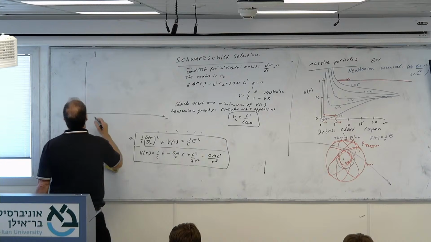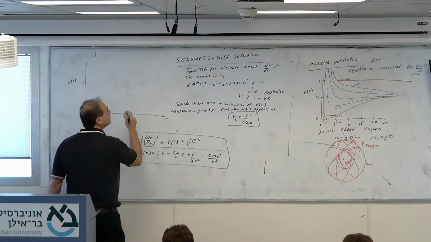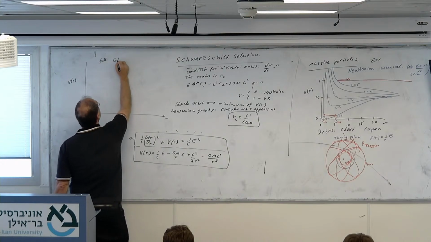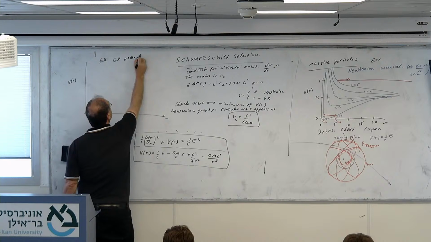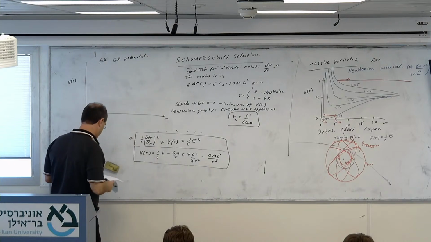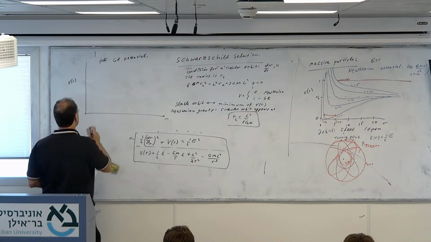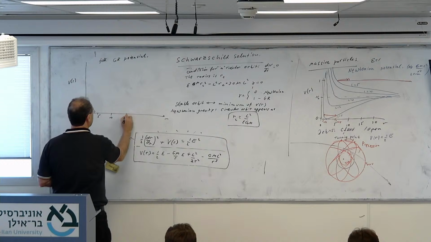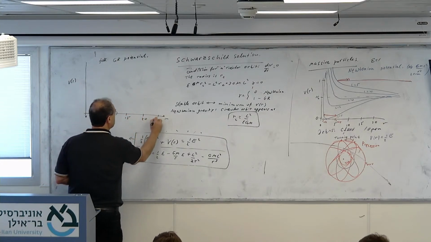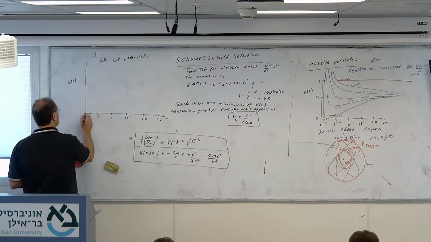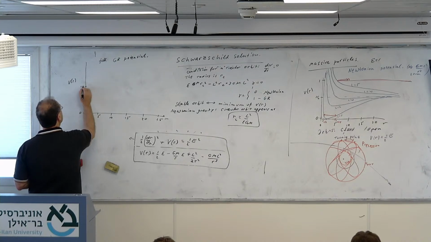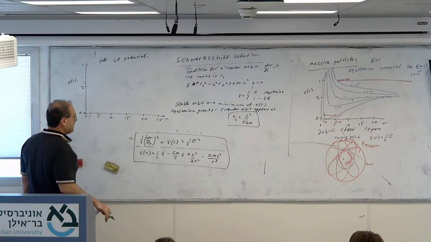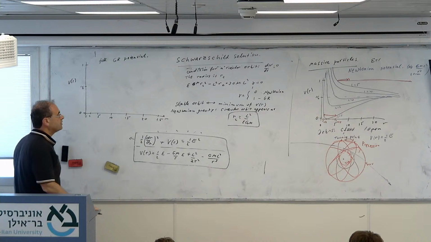This is full GR, the potential. The axis marks are 0, 2, 5, 10, 15, 25, and on the vertical axis 0, half, 1. So this is for large radii.